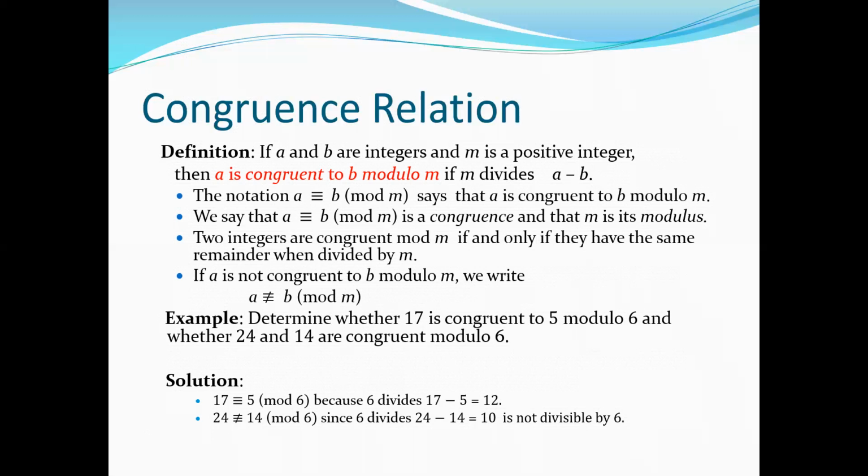We subtract 14 from 24, the result is 10. And when we divide it by 6, the result is not an integer. Therefore, we don't have a congruence relation. That's why we have a slash in our symbol. So 24 is not congruent to 14 mod 6. So that's the congruence relation.